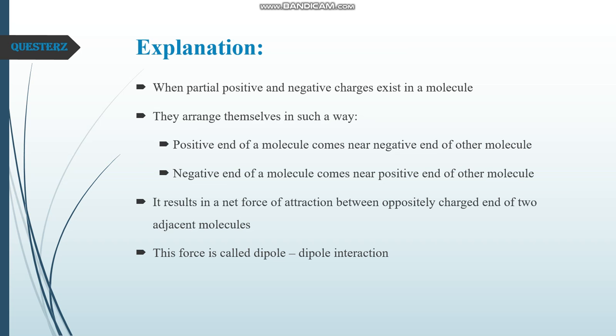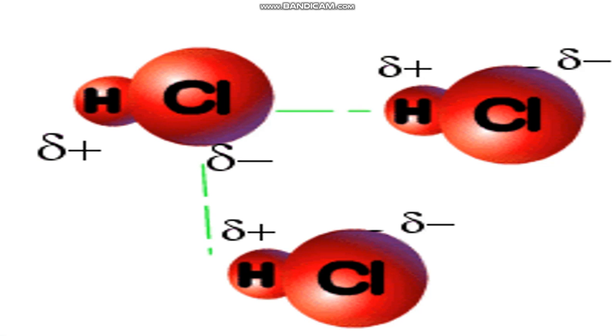It results in a net force of attraction between the oppositely charged ends of two adjacent molecules. This force is called dipole-dipole interaction. Di stands for two and pole stands for charges. So there are two charges, one on each pole of the molecule.